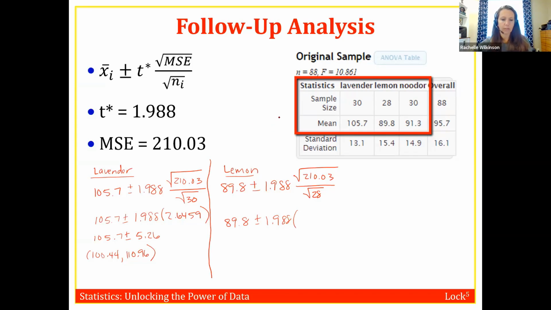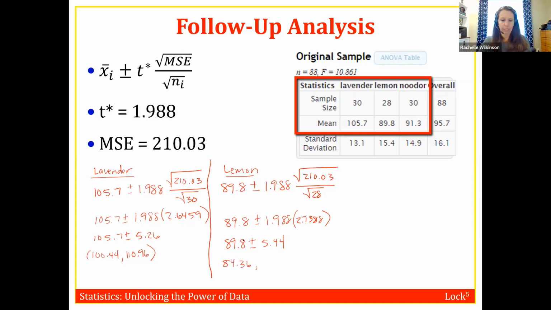I get 2.7388. All right, so then I multiply that by 1.988. And now I've got my margin of error for this confidence interval, and that margin of error is 5.44. So now I take 89.8 minus 5.44, which is 84.36.